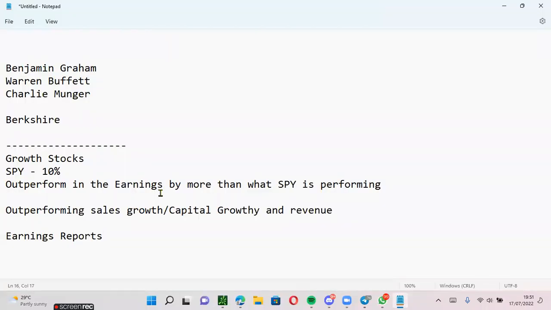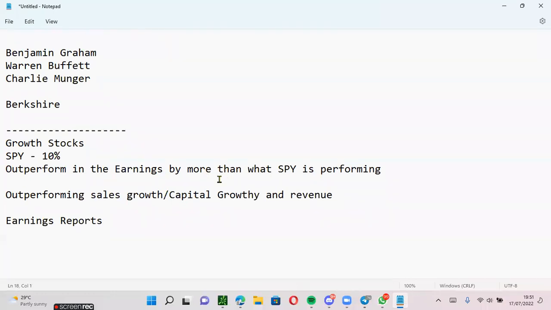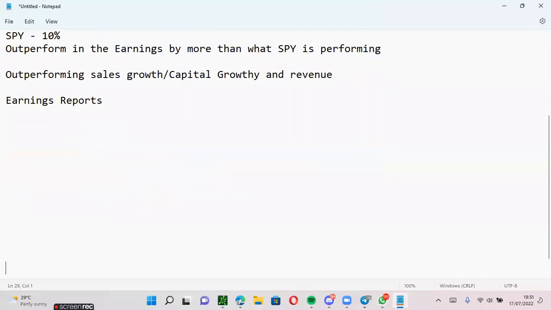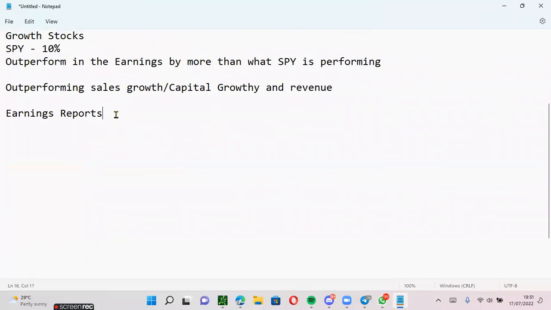When it comes to fundamental analysis, there are a couple of things involved.